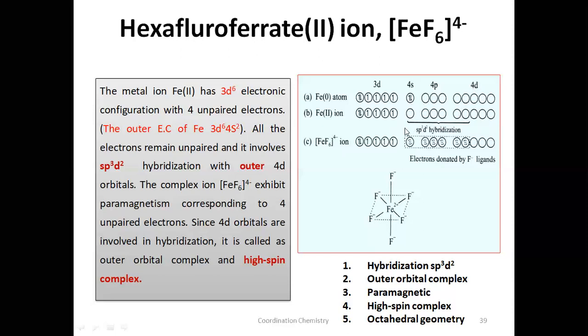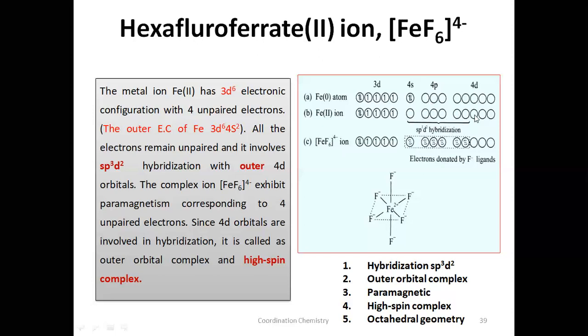So how many empty orbitals do we need? 6. So hybridization should be sp3d2: 1 from 4s, 3 from 4p and 2 from 4d. So sp3d2, 1 2 3 4 5 6. 6 vacant orbitals we have now.